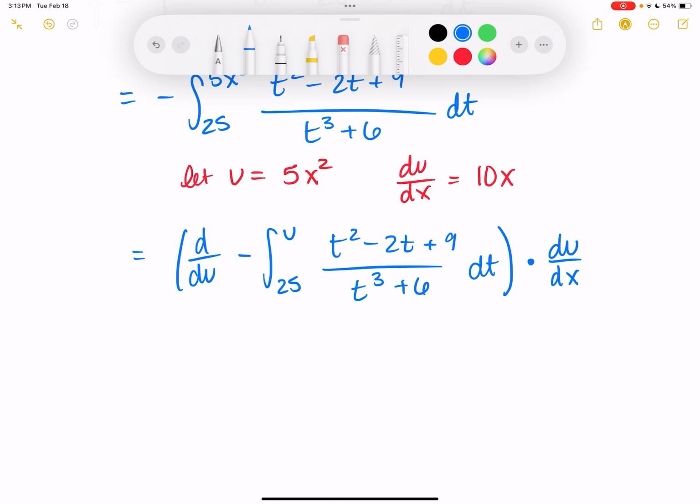So then now I just replace with u's. So I have negative (u squared minus 2u plus 9) over (u cubed plus 6) times 10x. And now I replace all the u's with 5x squared.